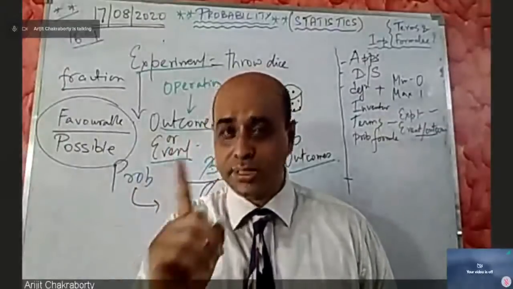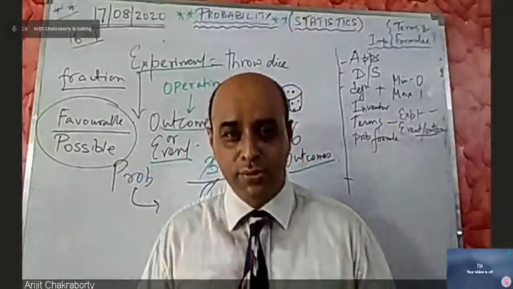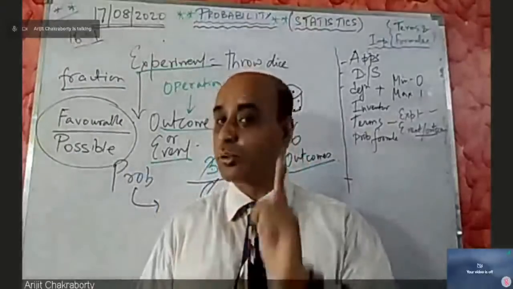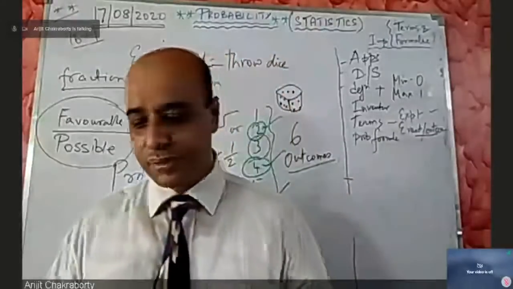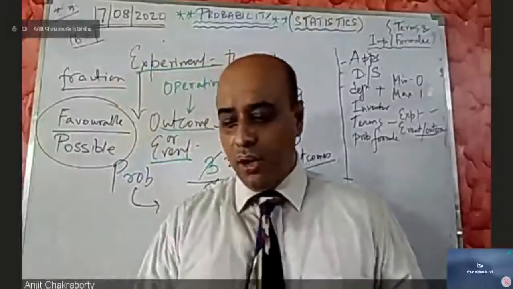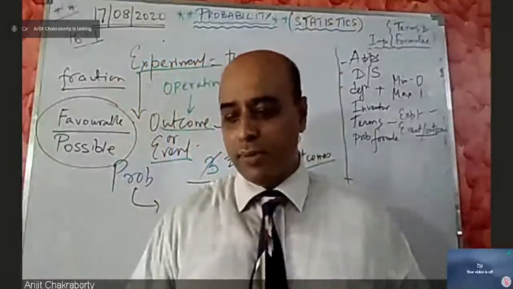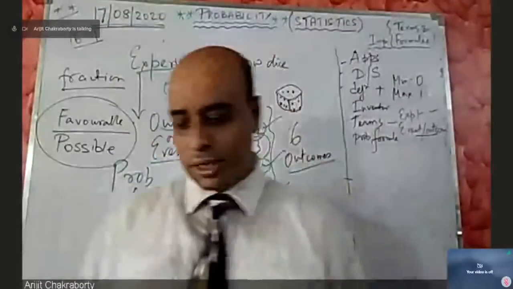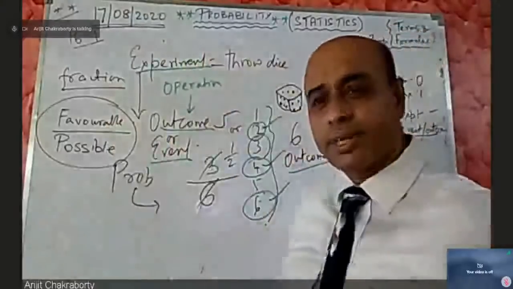But you must always target so that you pass the exams, you become a chartered accountant, and for you the probability should always be 1. So always strive for sure and certain. Now we go into some more experiments and their outcomes. I gave you some examples. Random experiment: yes, throwing a dice is an experiment.